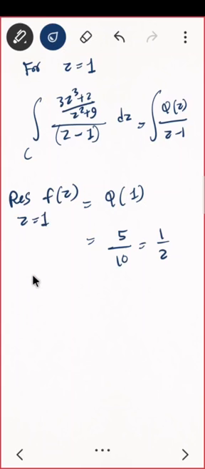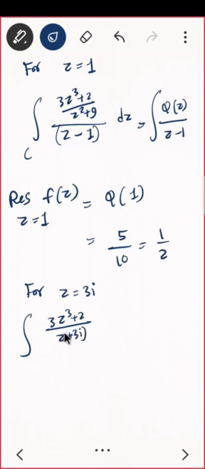What about next? For z equal to 3i, can I write my function the same way as I wrote before? Can I write it like this? 3z cube plus 2 upon z plus 3i into z minus 1, and the whole upon z minus 3i. All I need to check is the numerator part.